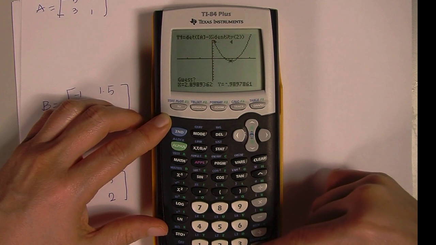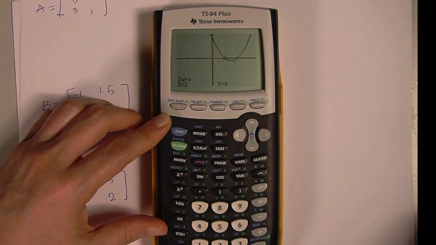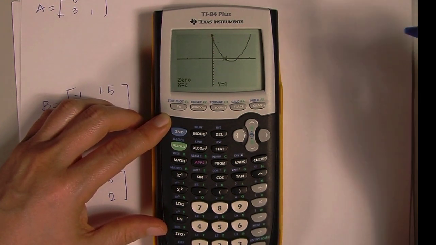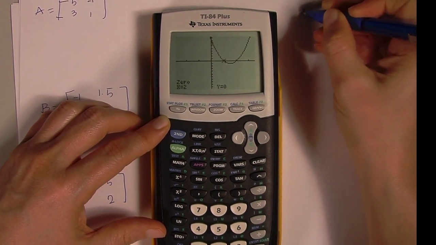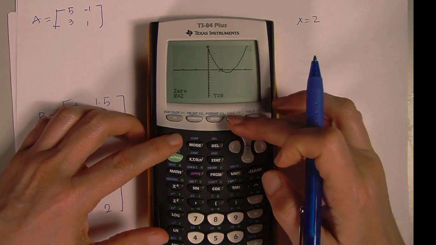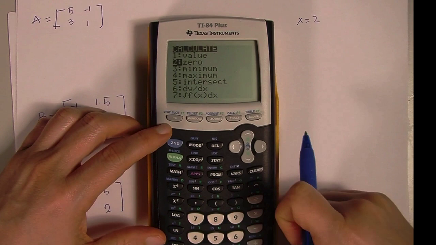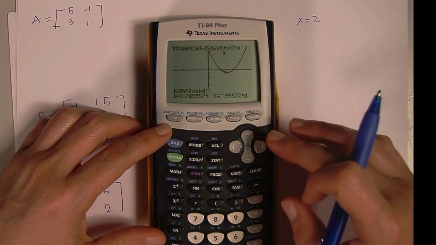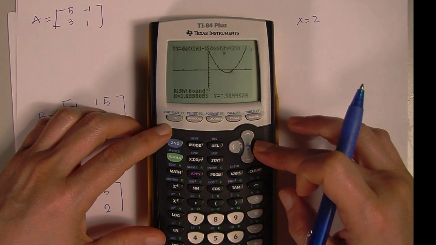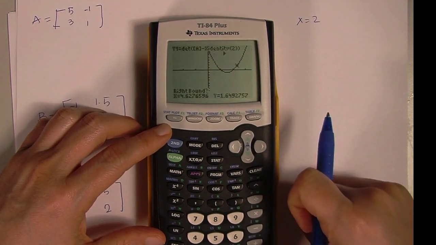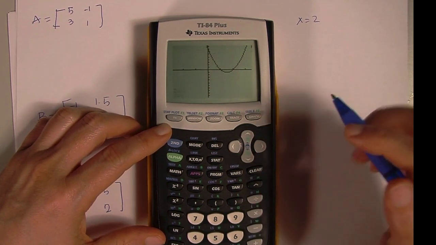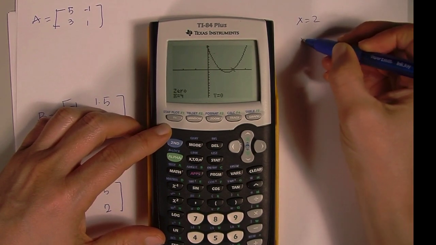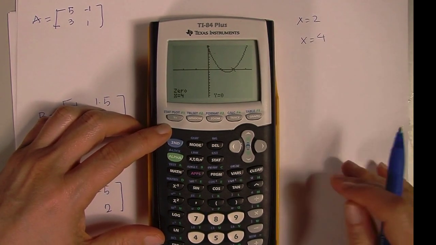Let's go to the right bound, and it gives me x equal to 2. Again, calculator, 0, left bound, and the right bound, and it gives me x equal to 4.